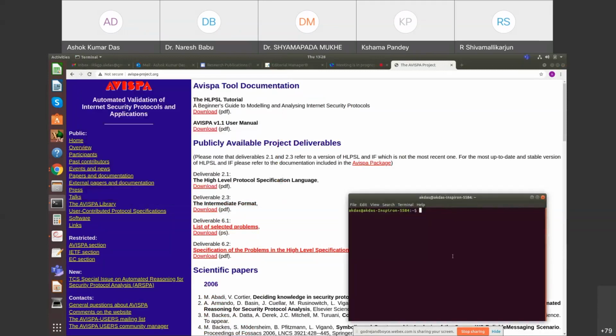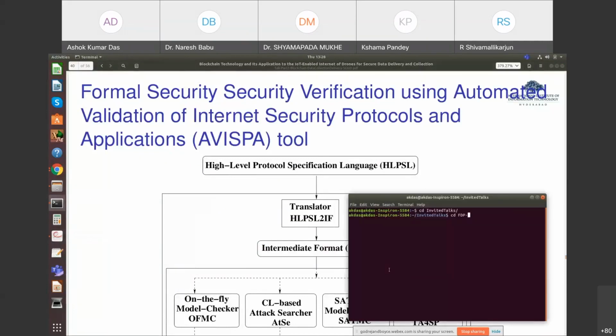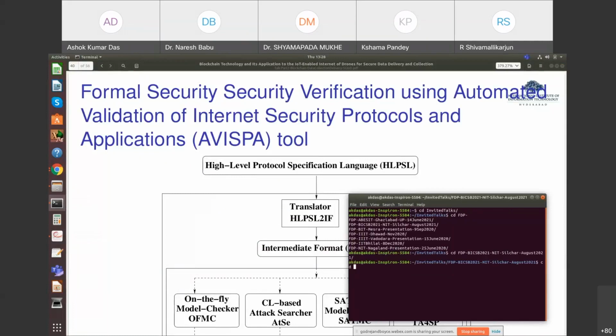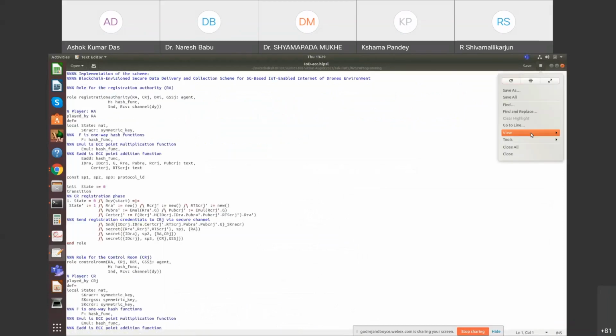Just to have a brief demonstration here. I think it is not visible here, so should I go there? Okay.